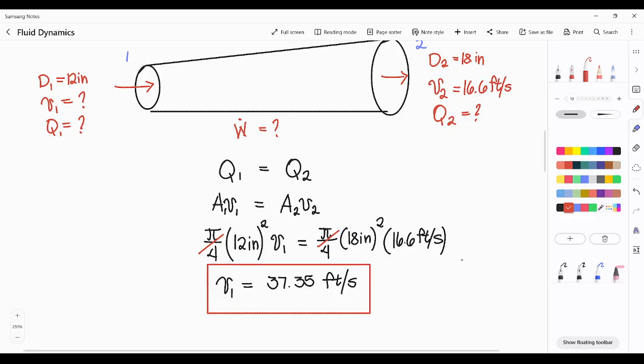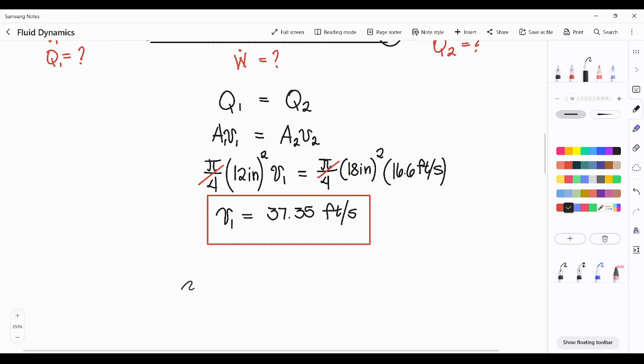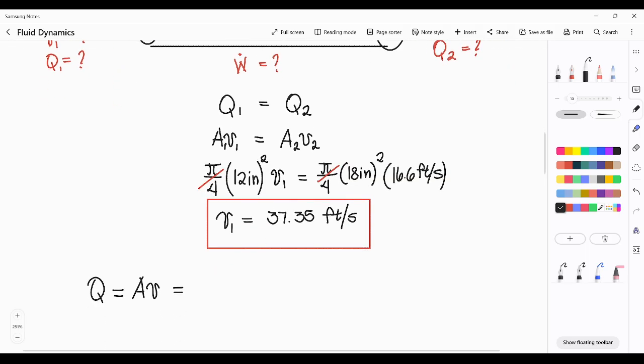And we are also asked to find Q1 and Q2. Alright. Now, substituting the value of V into our formula for Q, our formula for Q once again is: the volume flow rate is equal to the cross-sectional area times the velocity. Now we got that velocity and we have the diameter, which is 12. Let's solve. Pi over 4 times, let's make that feet.